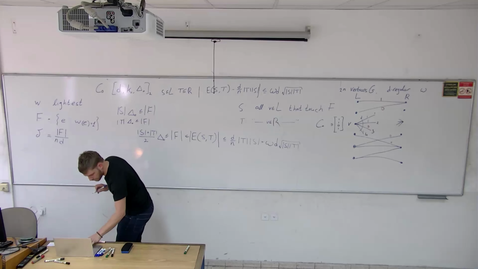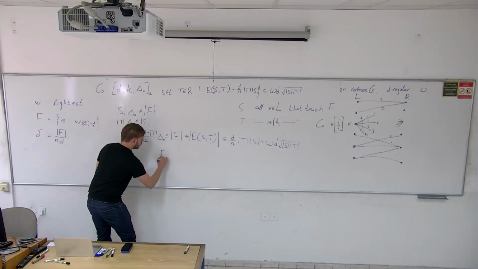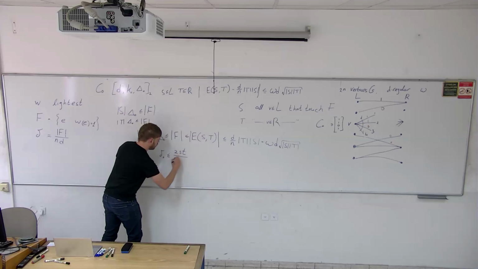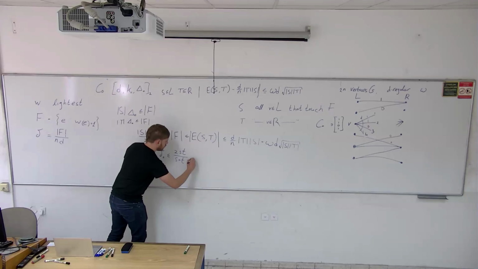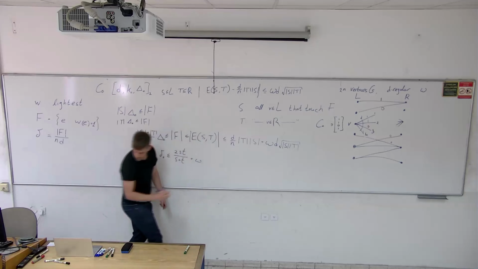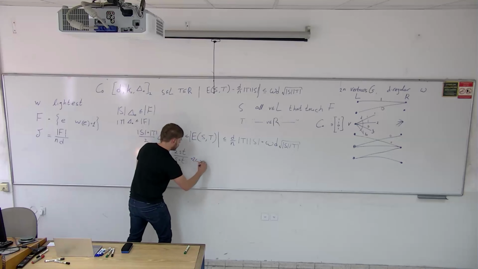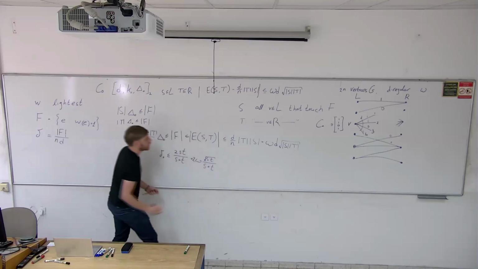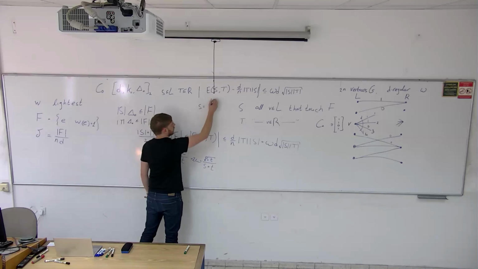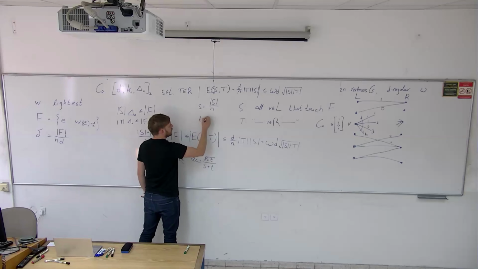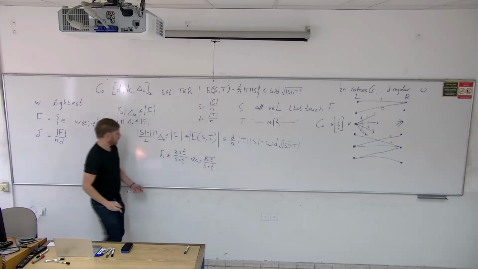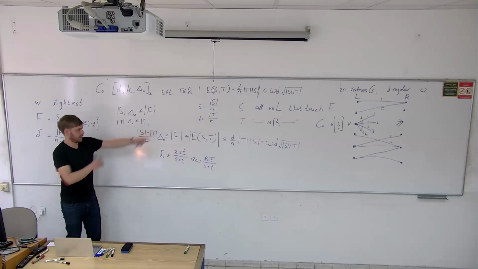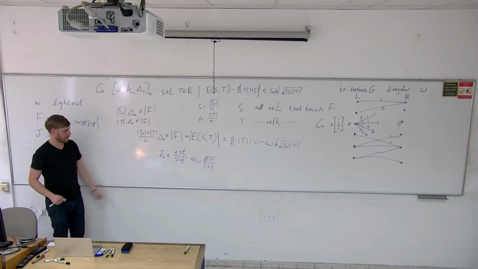Trust me, this is nothing more than normalizing things correctly. Okay, S equals the size of S over N, and P equals the size of P over N.